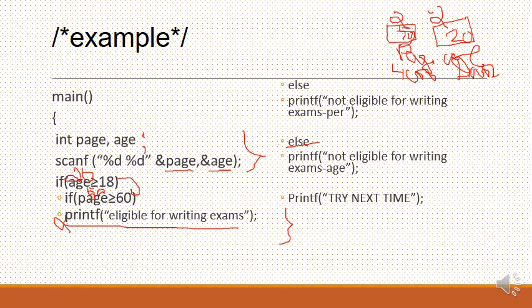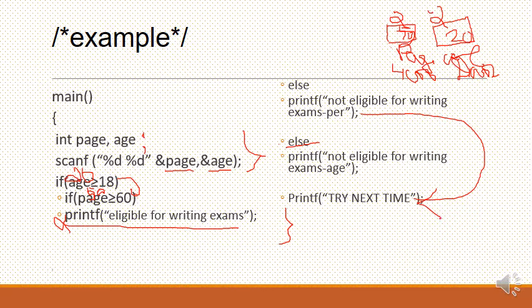Now another important point I want to tell you: after executing this, it is not going to execute this else statement and this statement directly. Your control comes to the next statement which is available here. Okay, so it is going to print try next time.